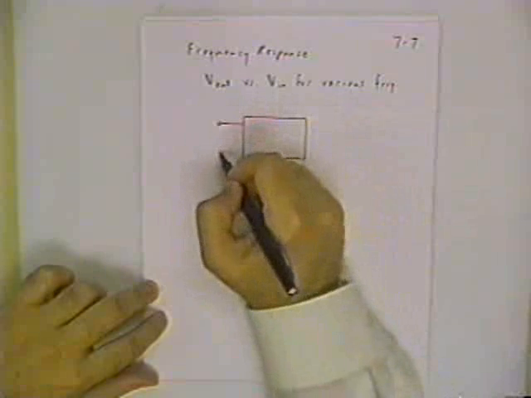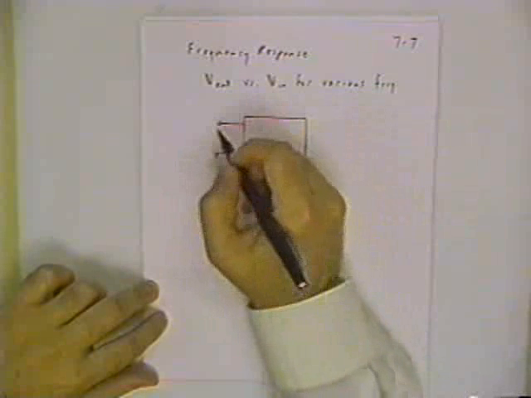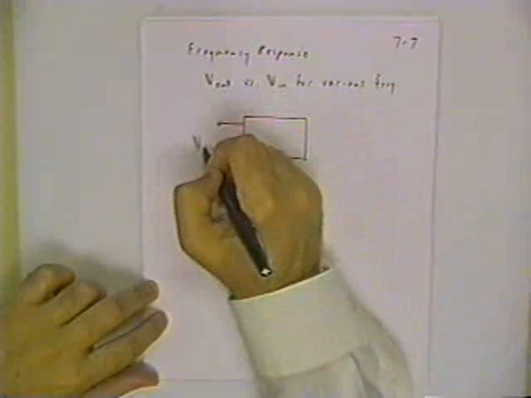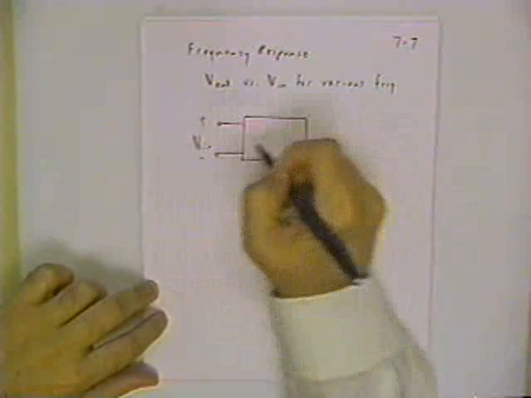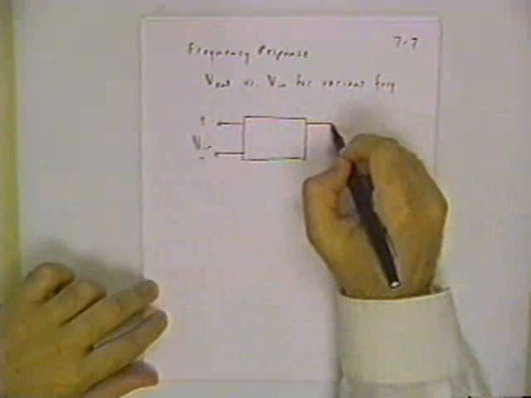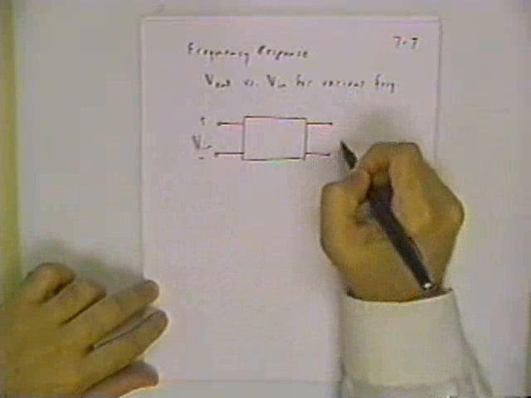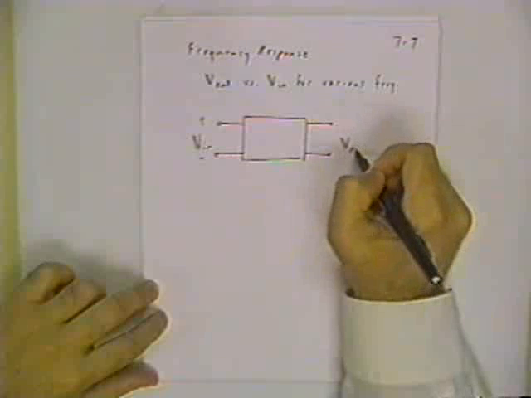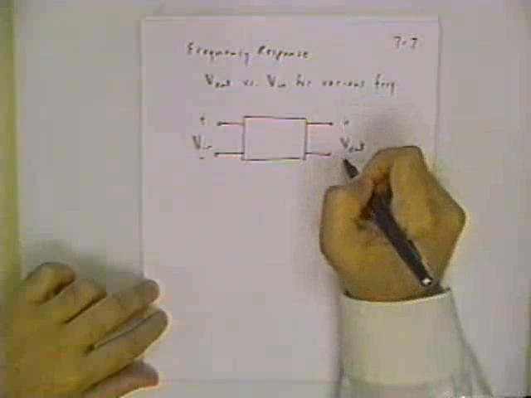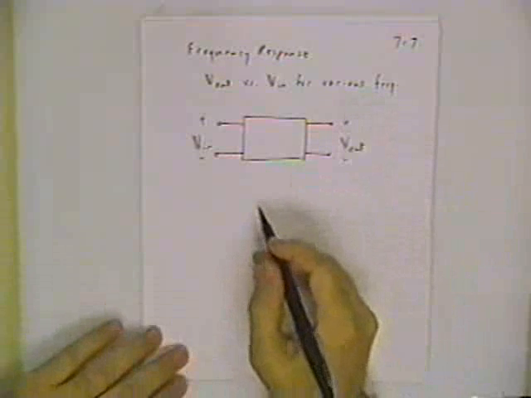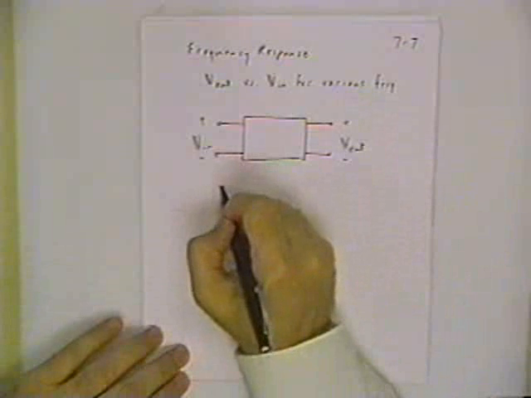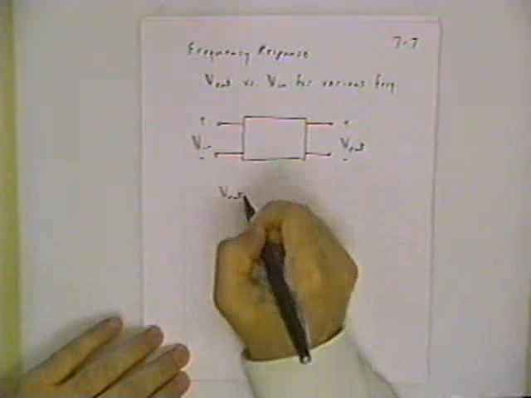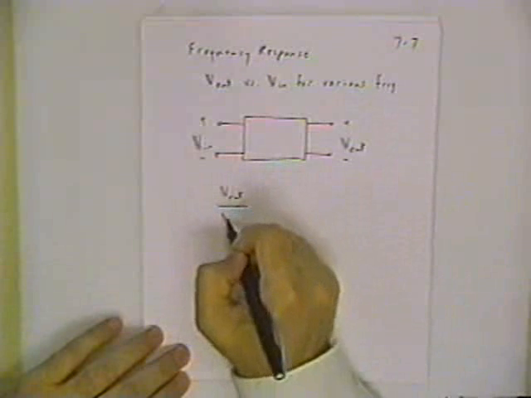At 2 points, you're identifying some input voltage. And then at some point in the circuit, you're probing the output with a voltmeter or an oscilloscope or some other measuring device. And what you do is set up a ratio of V out divided by V in.